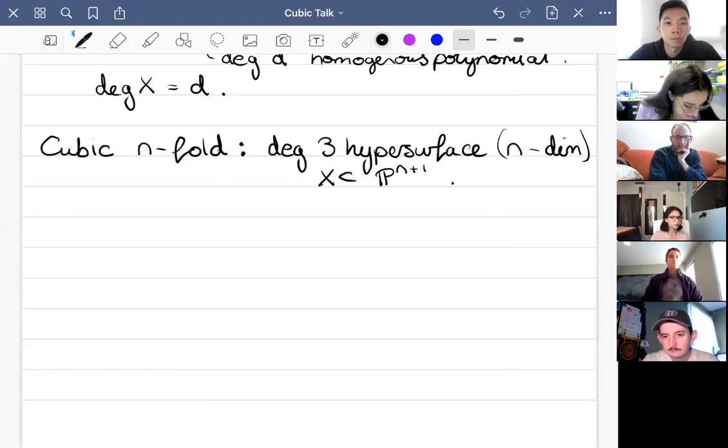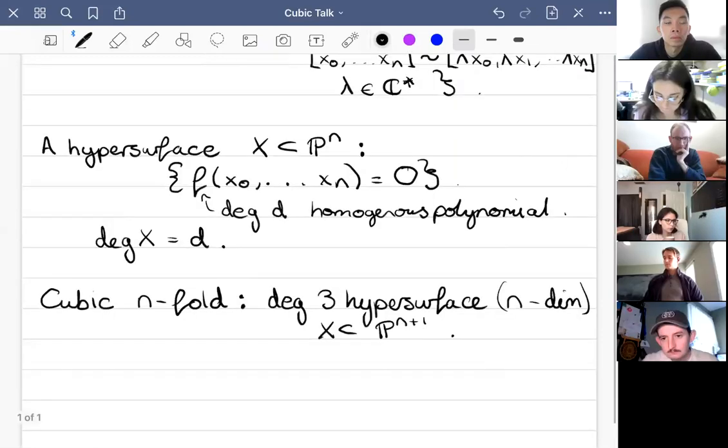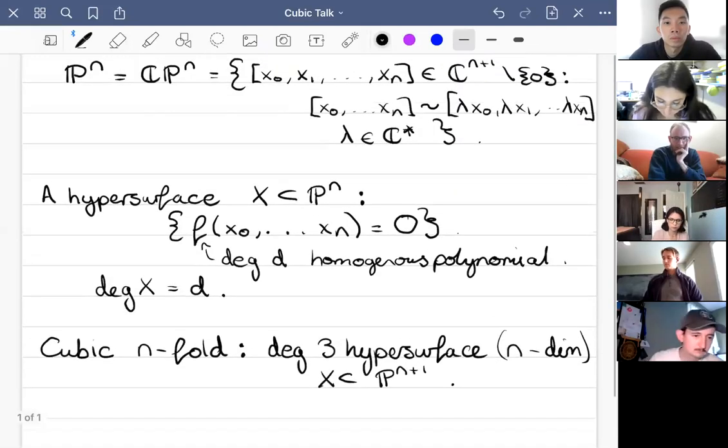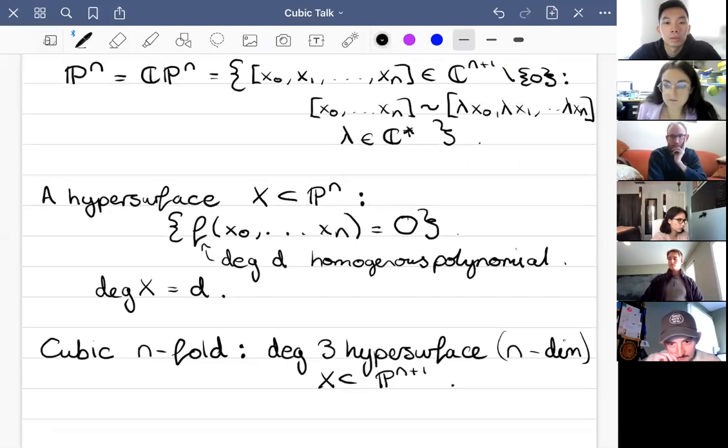Lisa? Yeah. Sorry to interrupt. If you scroll up to the definition of a hypersurface, to me, and I'm sure this is wrong because I'm not an algebraic geometer, it looks so much like the definition of what I think of as an algebraic variety. I'm wondering if you can say what the differences between those are.